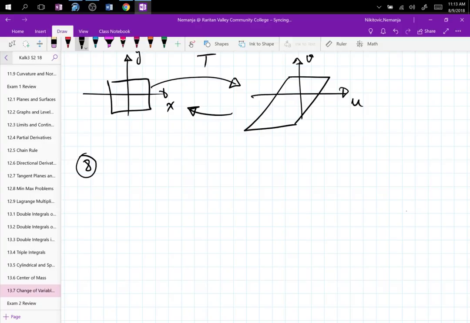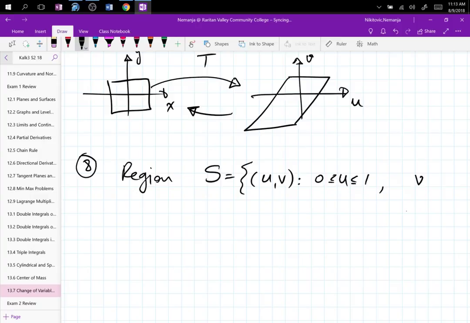So the region is given as a square. S equals all uv points such that u is between 0 and 1, and v is between 0 and 1. The transformation that we should use is given by x equals 2u plus v and y equals 2u.